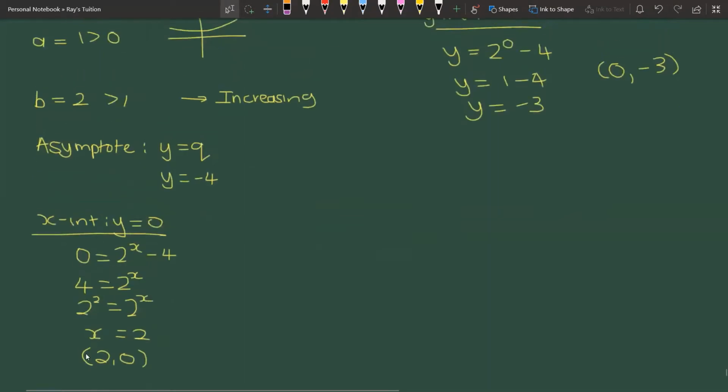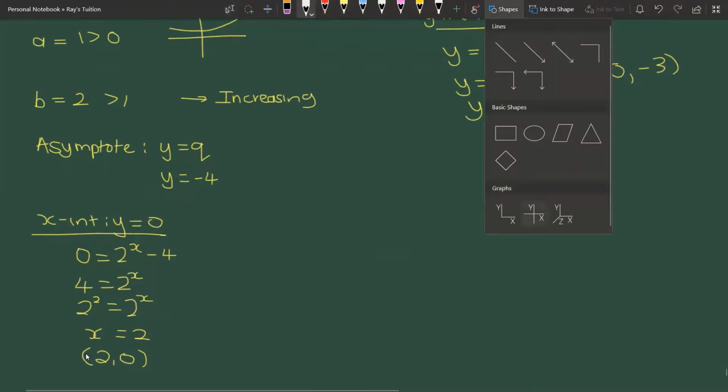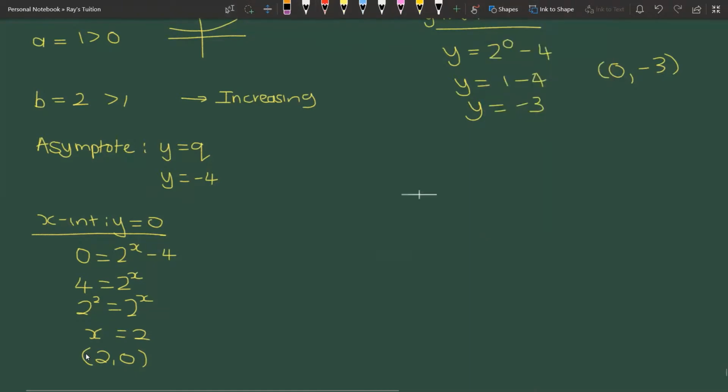Let us plot the graph now. So we just draw in our axes. Okay, so the first thing we'll put is our asymptote. So our asymptote is y is equal to -4. Then let us put in our x-intercept, which is at 2.